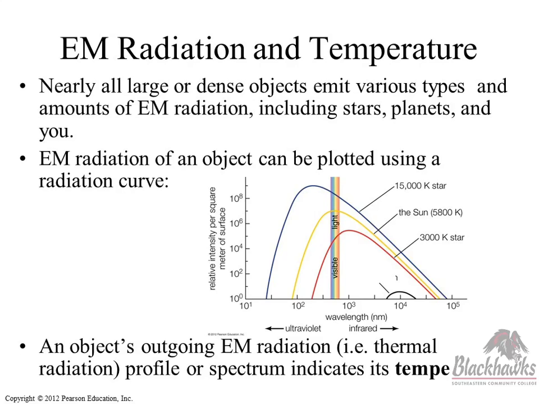Okay. So a few things, and we'll be talking about this more. Can you see, for these three examples, the hotter the star, the shorter the peak wavelength? The peak goes this way for being hot, and that's characteristic.